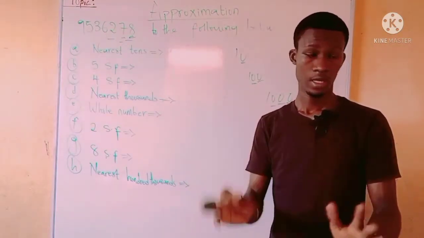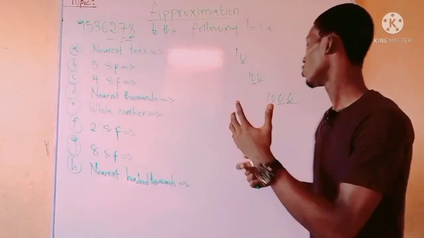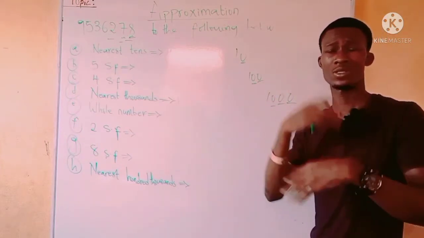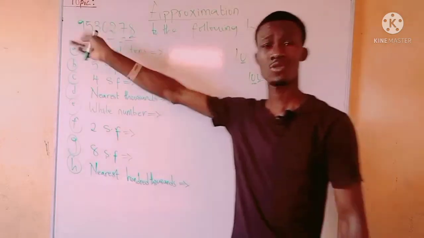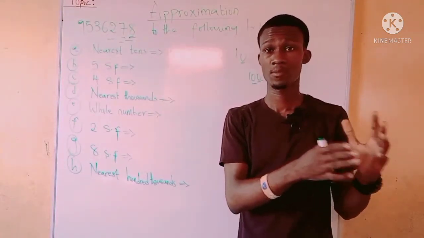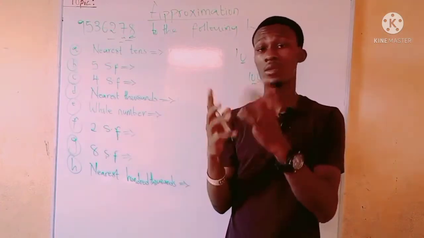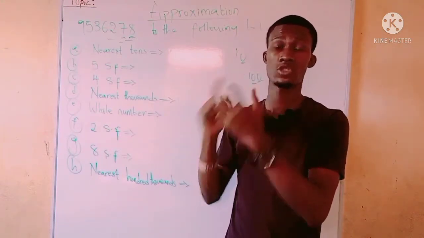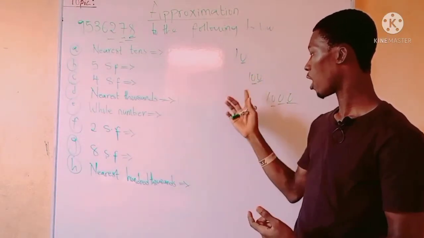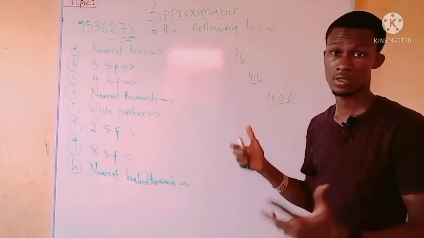As easy as that. In short, whenever you are told to approximate any whole number to the nearest 10, the 0 is not actually going to begin your rounded up number. The 0 is supposed to be at the last, because of how 10 is written, or how 100 is written, or how 1,000 is written.